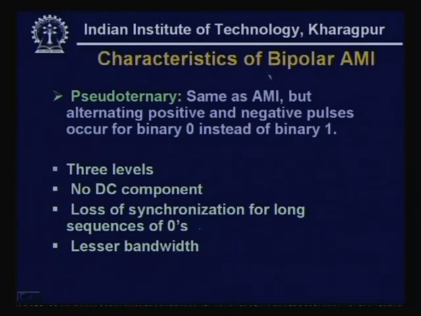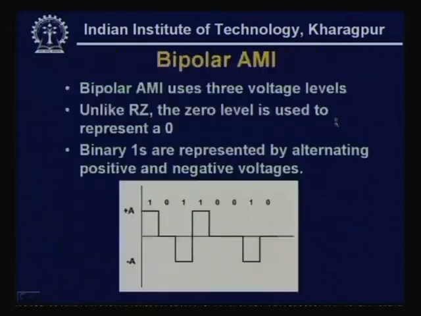Somewhat similar to bipolar AMI, we have pseudo ternary. It is the same as AMI, but alternating positive and negative pulses occur for binary 0 instead of binary 1. In the previous case, alternating voltages take place for 1. In case of pseudo ternary, if we replace the 1s by 0s and 0s by 1s, it will be pseudo ternary.